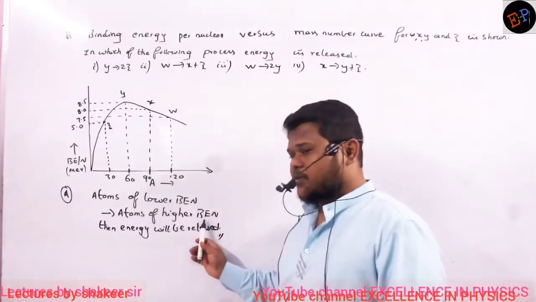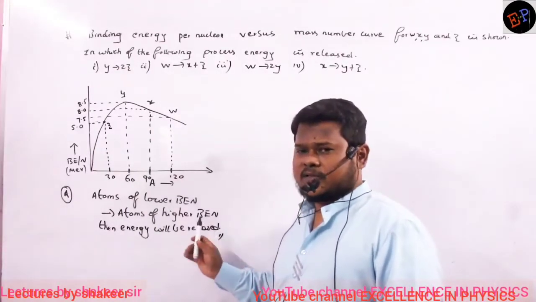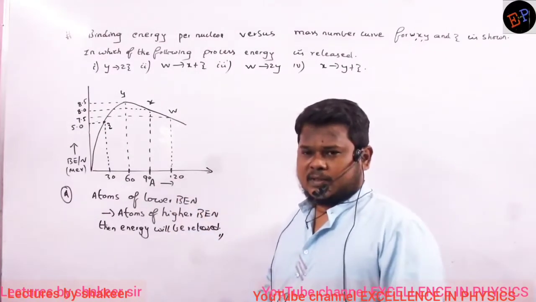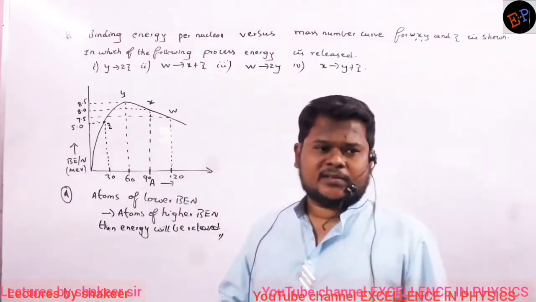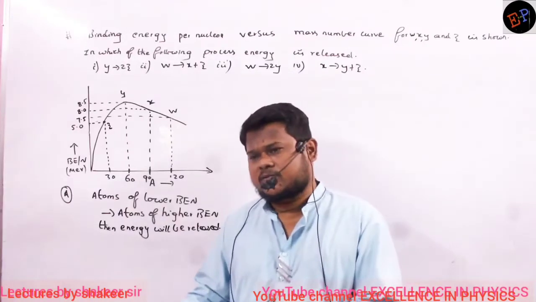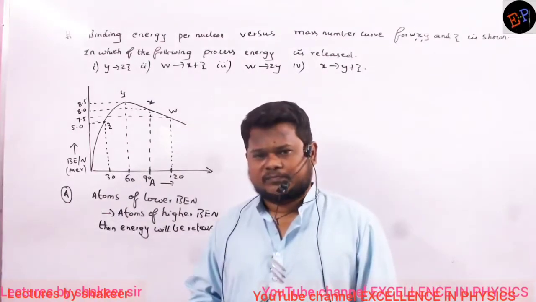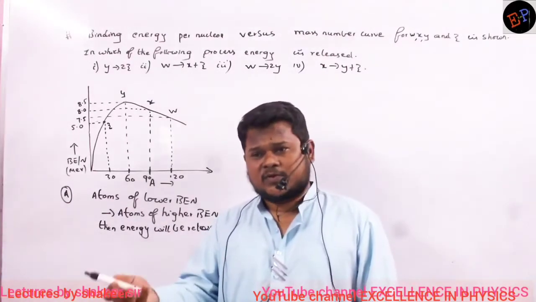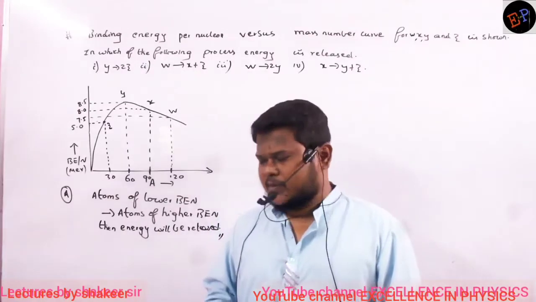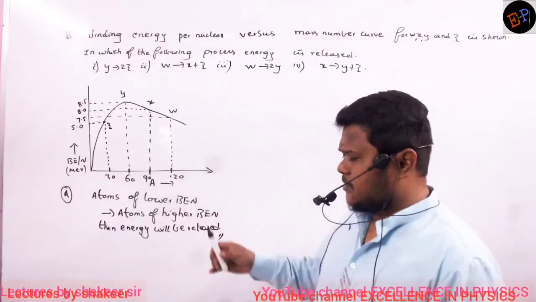Do you remember this? Clear? Because higher BEN means what? Binding energy is greater. Binding energy is greater means more energy is released. Are you able to understand now what is meant by binding energy? The mass has converted into energy and that energy is released. So if BEN is greater, the atom is more stable. We already discussed all these points. So when lower BEN converts into higher BEN, then energy will be released.